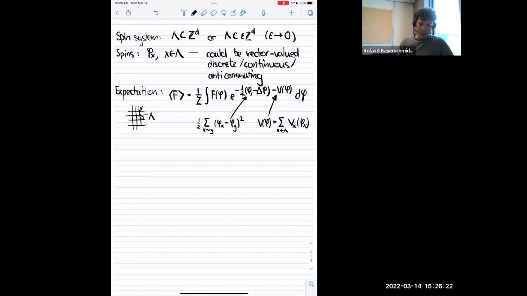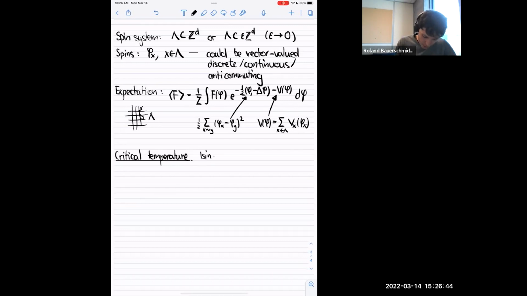And so I already mentioned that the renormalization group approach would be relevant for such models at the critical temperature.